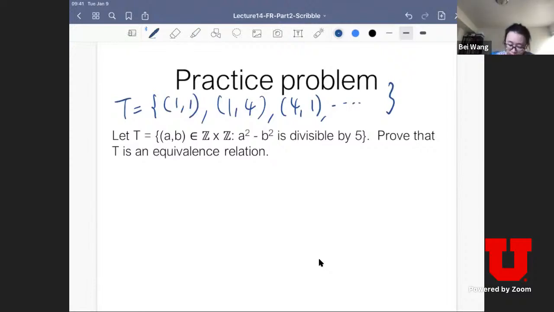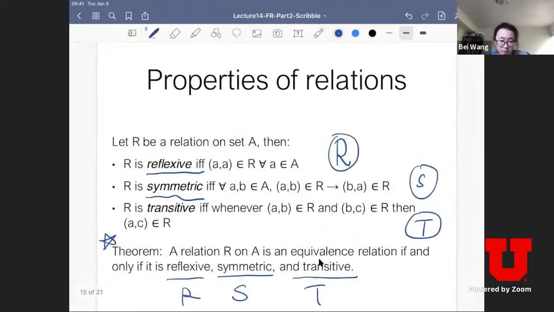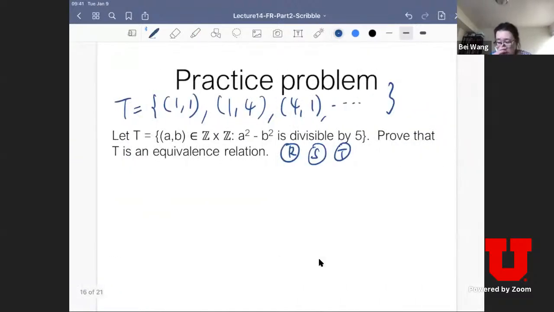All right, so we want to prove it to be an equivalence relation. We essentially want to prove it's reflexive, symmetric, and transitive. Those are the three things, using the theorem we just reviewed. So now let's show T is reflexive.